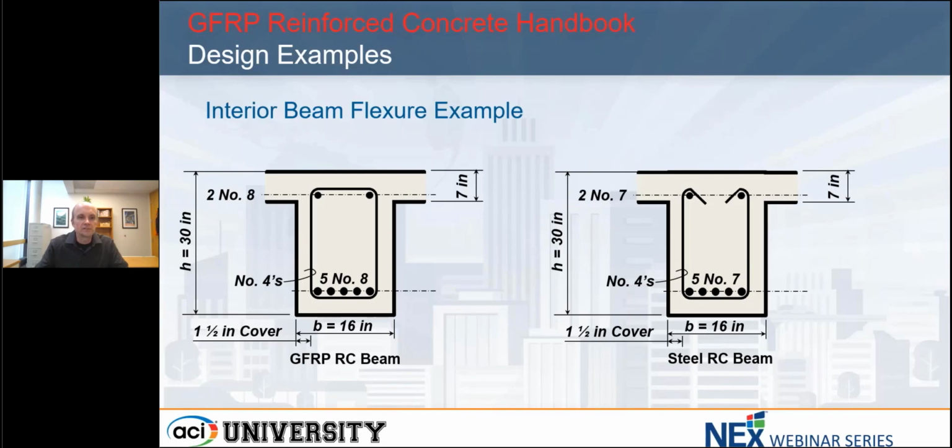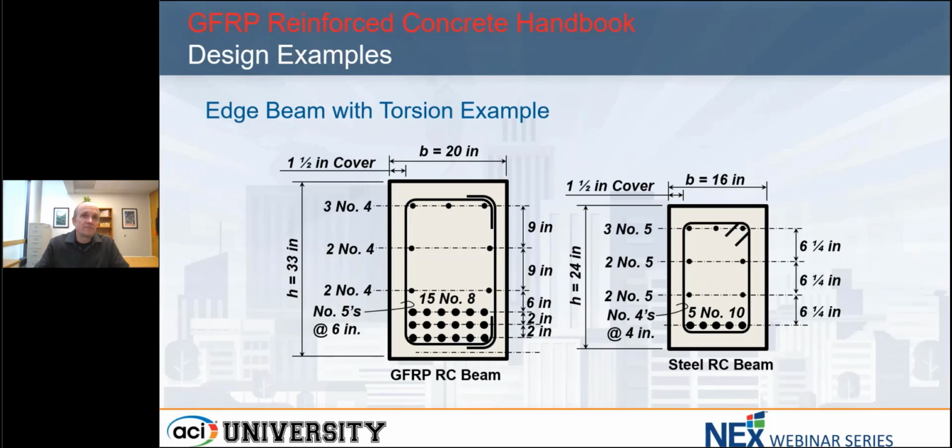We're using one size larger GFRP bar than we are steel bar, but the overall size of the member is the same. The dimensions are equivalent. Everything looks pretty similar. There's a little bit different detailing of the stirrups, but most of this is pretty similar to the steel reinforced concrete beam in this particular case.